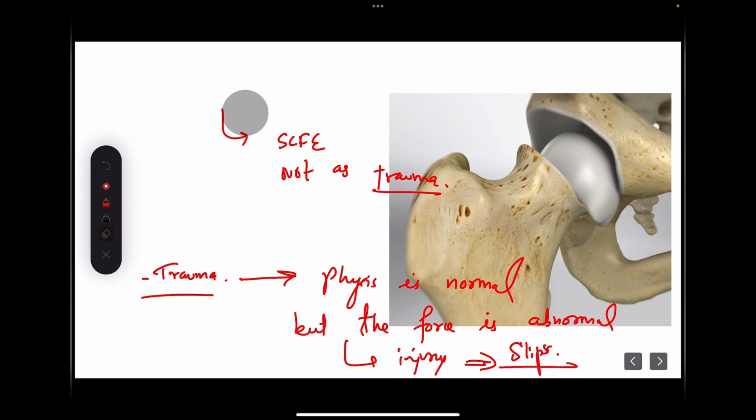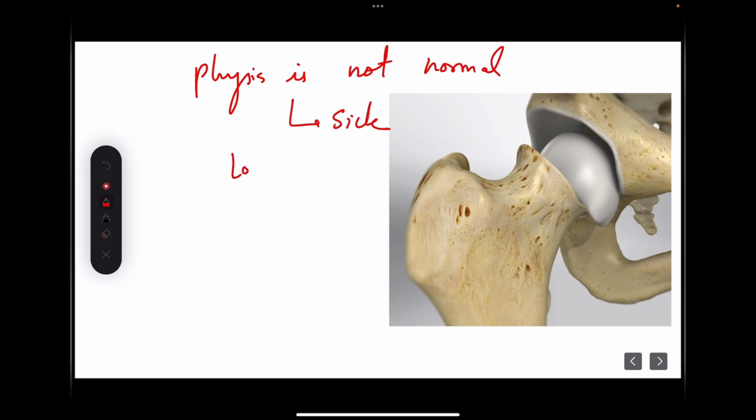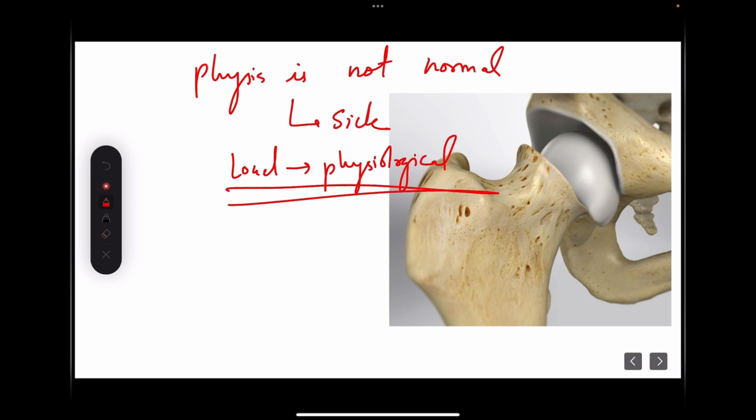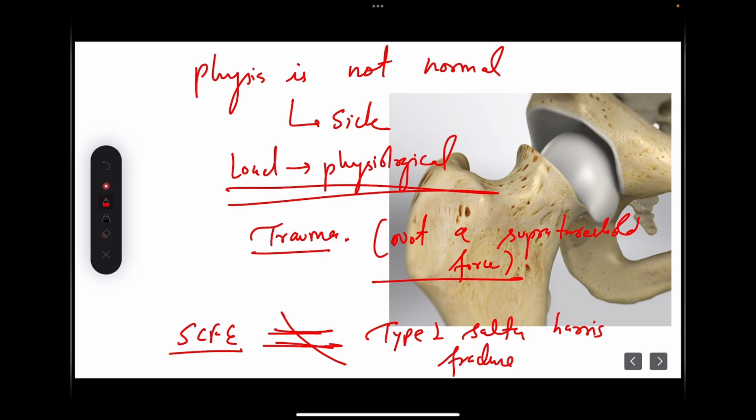But in this condition, the difference is that the physis is not normal. The physis is sick and the load is physiological. The patient is just bearing weight on the limb. This is not a trauma, not a supra-threshold force acting over this region. So this is the reason why we discuss SCFE as a separate entity, and it is not equal to a type 1 Salter-Harris fracture. Okay.